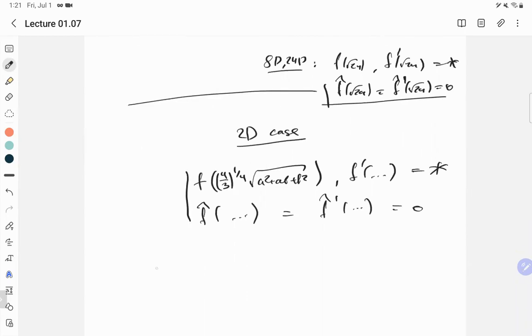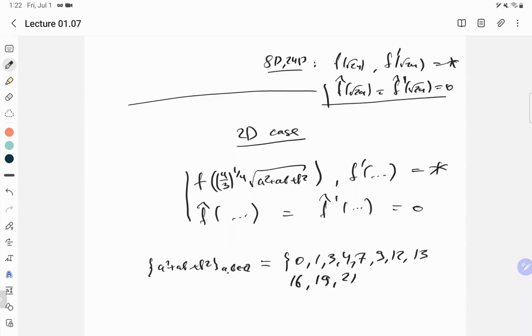And now if you look at the sequence, the sequence of numbers, the set of values of this quadratic form a squared plus b squared with a, b integers: 0, 1, 3, 4, 7, 9, 12, 13, 16, 21, 25, 27, and I'll stop here.